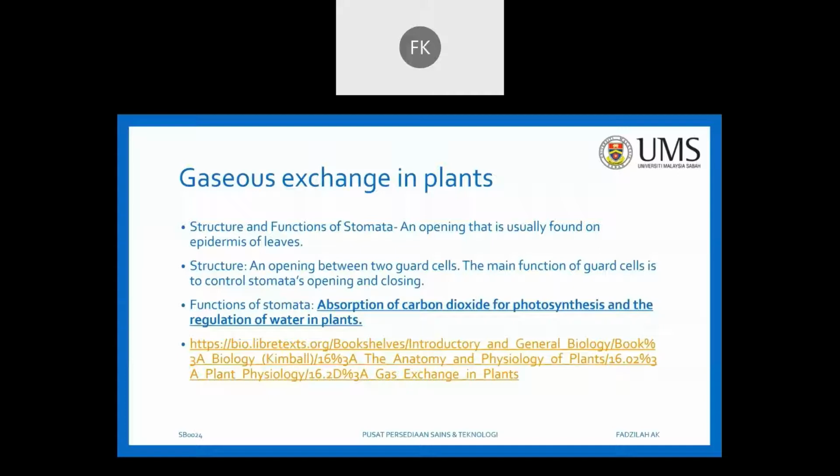The main function of guard cells is to control the stomata opening and closing. Functions of stomata: the main function is absorption of carbon dioxide for photosynthesis and the regulation of water in the plant. That is the function of stomata.